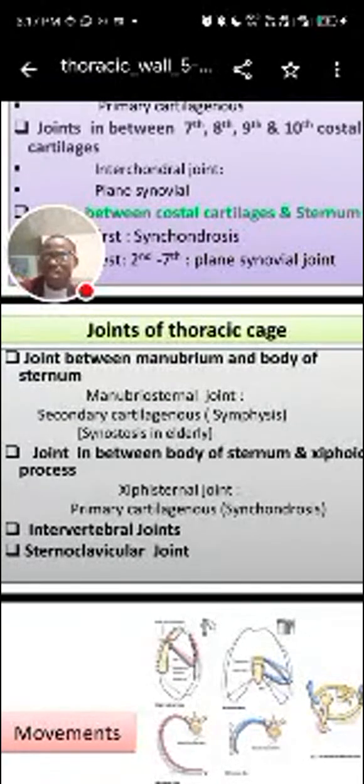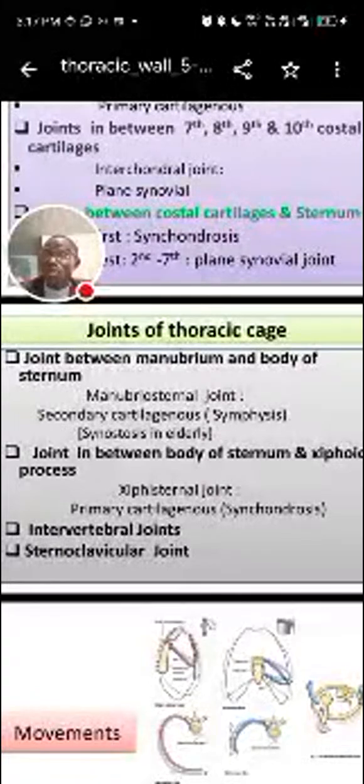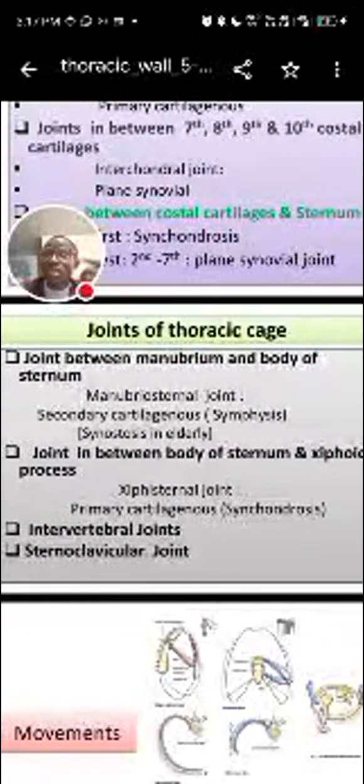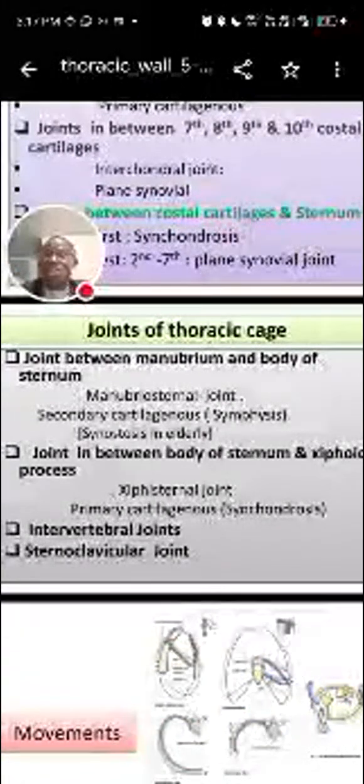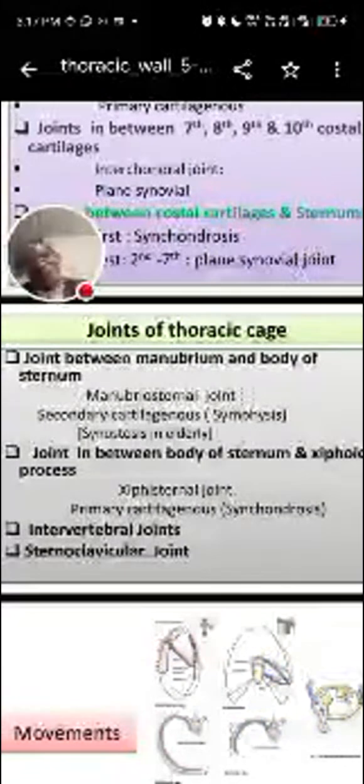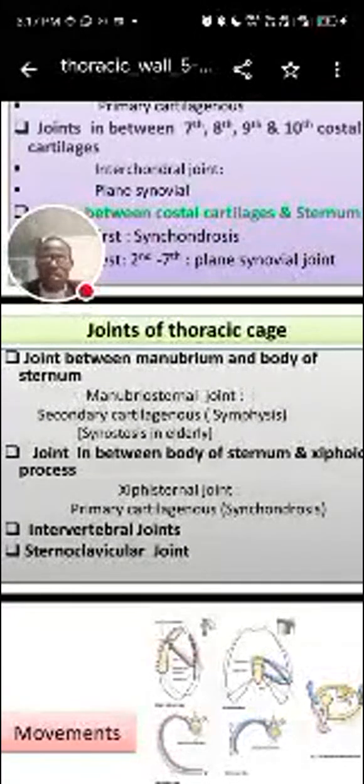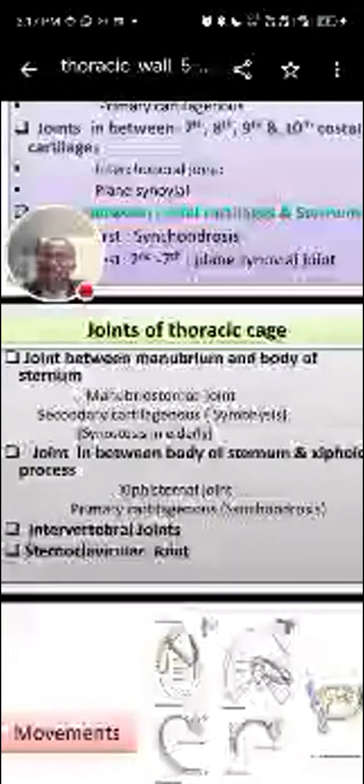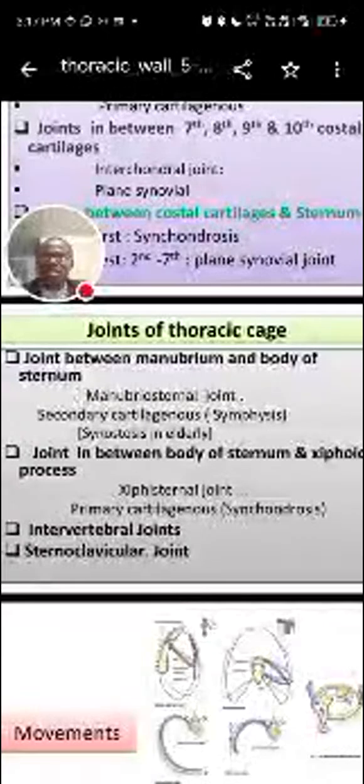After superficial fascia, deep fascia. After deep fascia is muscle. After muscle, you find the thoracic cage. After the thoracic cage, you find the thoracic cavity, a potential space where you find the viscera. Now we are looking at the joints. See what we are coming out with: C6 SMS. Can you imagine that?